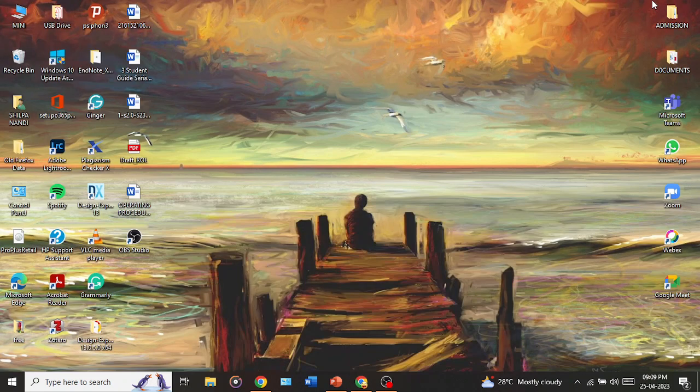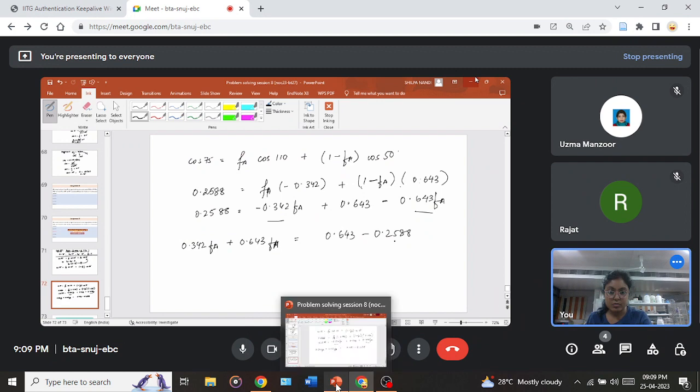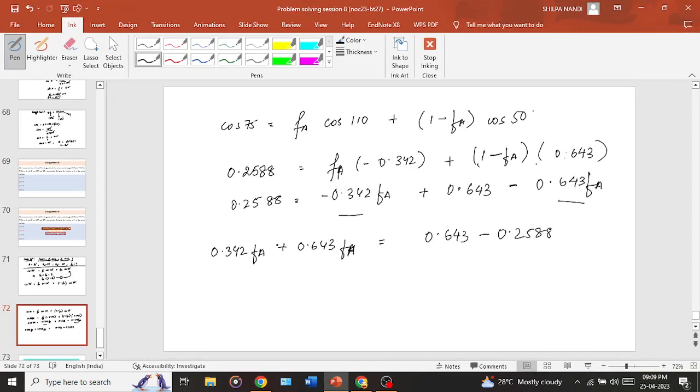Okay, let's see. So we have to add these two. It will come around 0.985 Fa, and subtract these two. This will come to something like 0.3842.